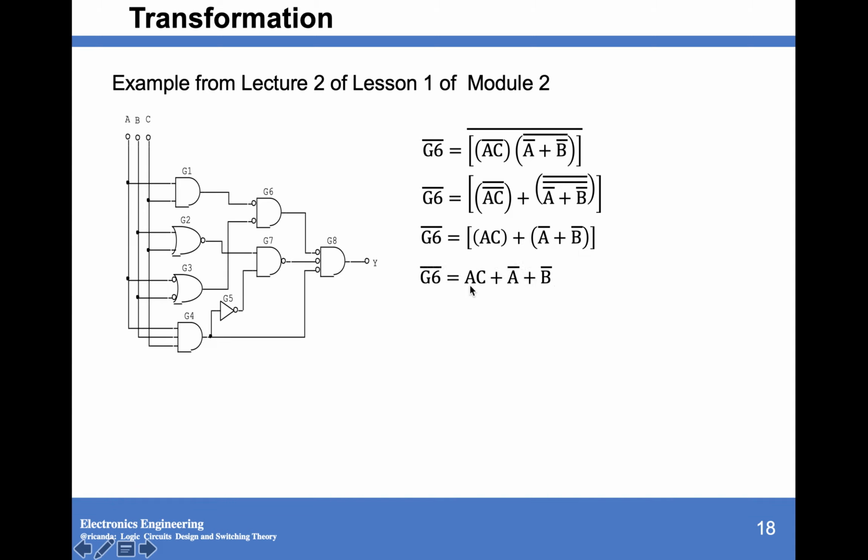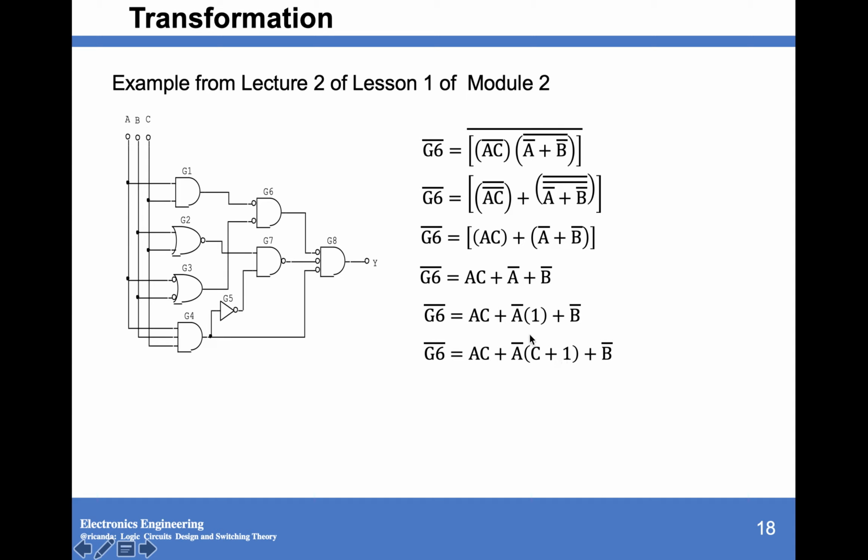So it can be written as AC or A bar or B bar. So if we multiply A bar with 1, so we have A bar and 1, that is the same as A bar under your Boolean identities. Then also under your Boolean identities, this one can be written as C or 1, because C or 1 is also the same as 1.